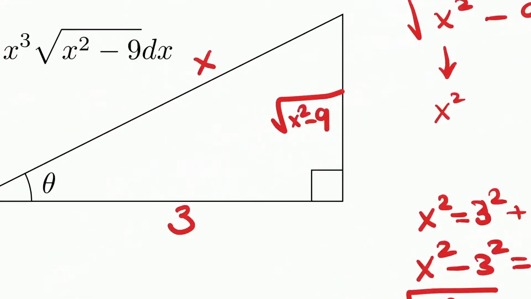I've got x over 3, and I've got the radical over 3. I need to know which of the 6 trig functions each of those corresponds to. Take a minute and see if you can work it out. You can use SOHCAHTOA, that is, sine is opposite over hypotenuse, and so on. I'll bet you can at least identify one of these, if not both. So let's take a minute and see if you can do that.